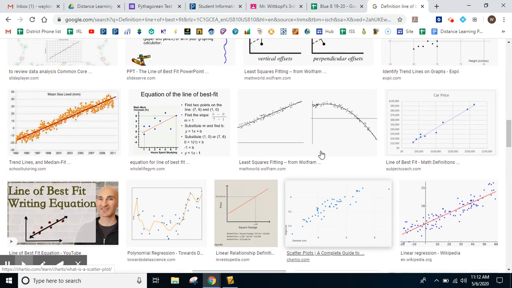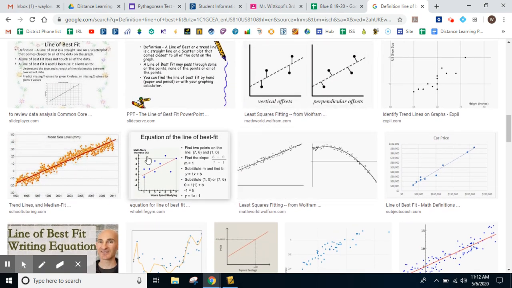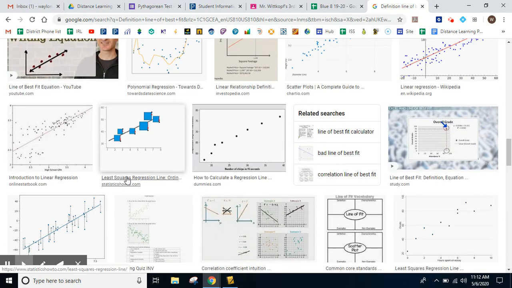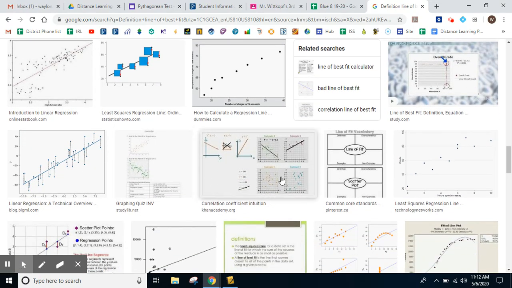How do we assign a number to it? It's called regression, and we're not talking about that this year. I think that's about it. Real quick, again, positive, negative. Here are some more images on this idea of linear regression and using it to predict how strong or weak a correlation we have.